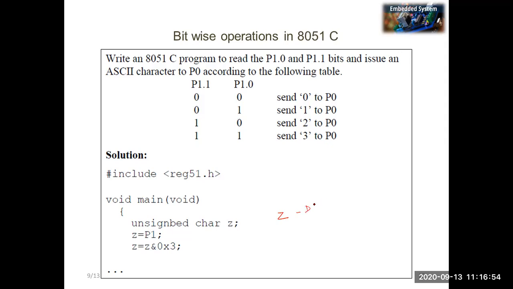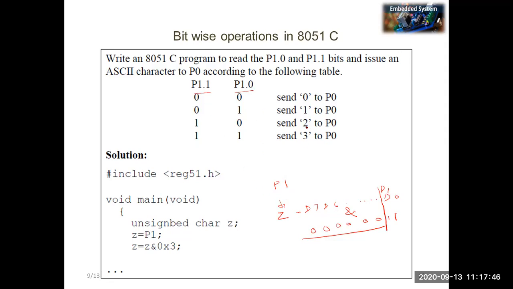So d7 d6 up to d0 are the bits in z, and in z I have read the data from port 1. I am ANDing this data with 0x3, that is 0 0 0 0 0 0 1 1. So I am only keeping these d0 and d1 bits as it is, and I am masking the remaining bits. Of the port 1 data I read into z, only the d0 and d1 bits are of interest.